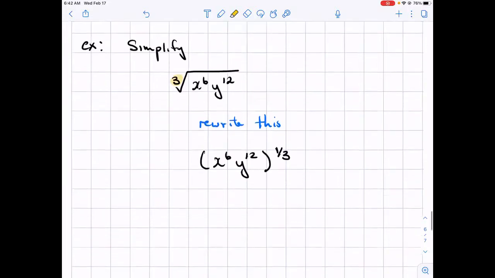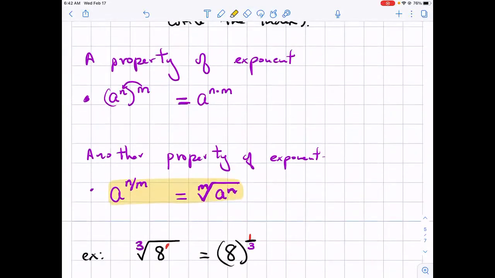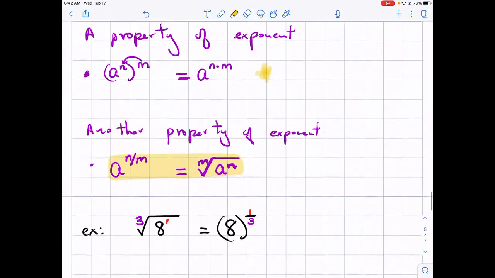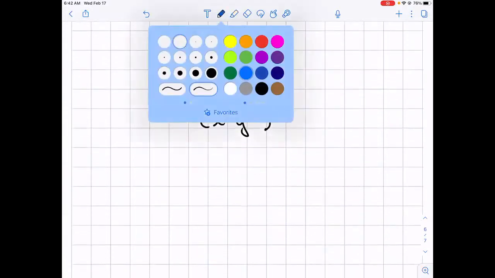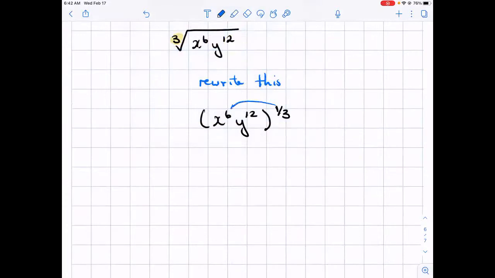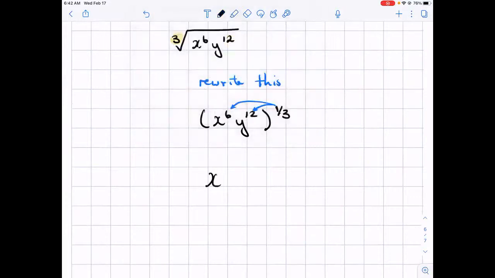And using the property of exponents, the very first one I've listed here, we can now distribute this exponent to the exponents on the inside. By doing this, we have x to the 6/3 times y to the 12/3.